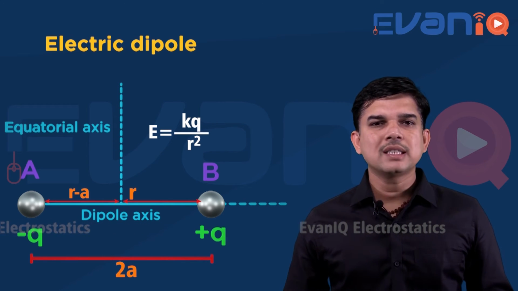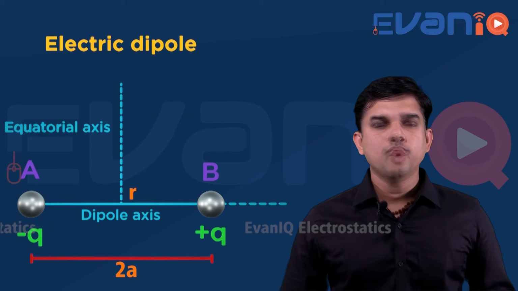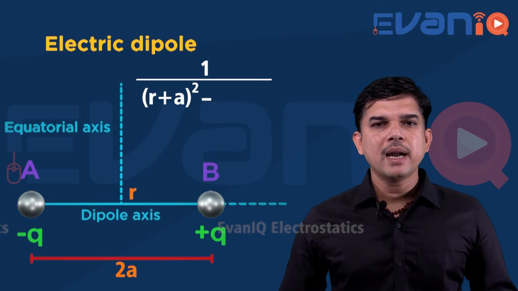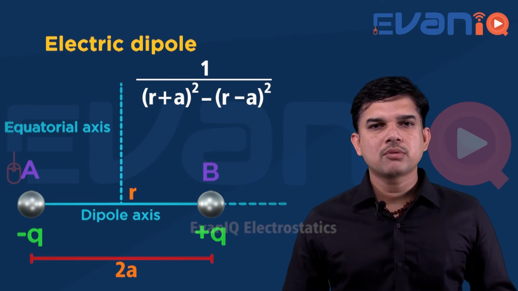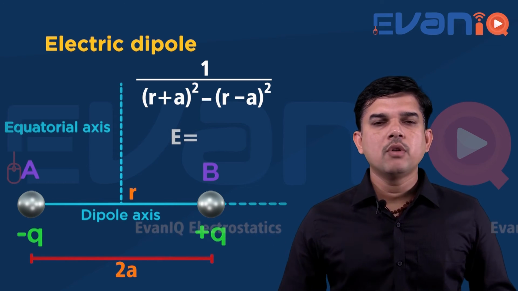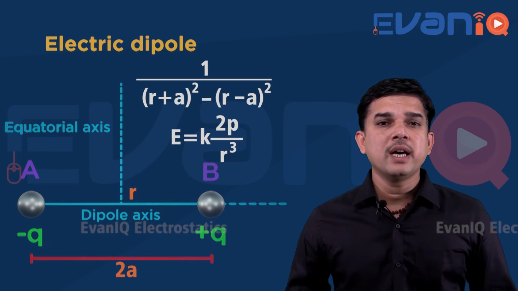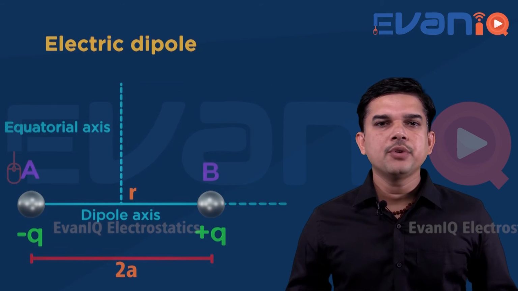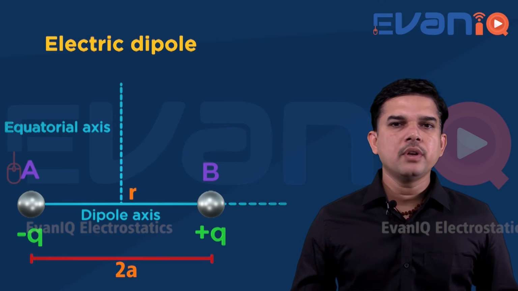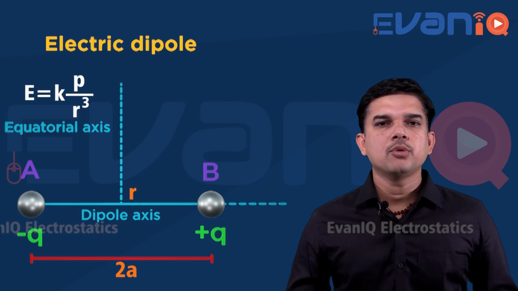For the minus Q charge it will be r plus a, and in the mathematical solution, 1 upon (r plus a) whole square minus 1 upon (r minus a) whole square. After simplifying, the final formula we get is equal to K 2P by r cube. In the same way we can find the electric field on the equatorial line, and that electric field will be equal to KP upon r cube.